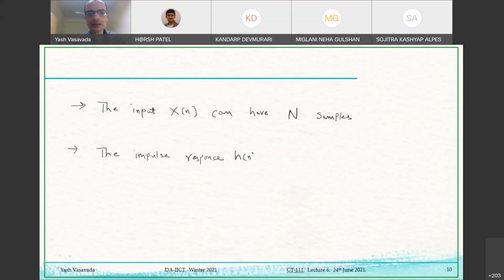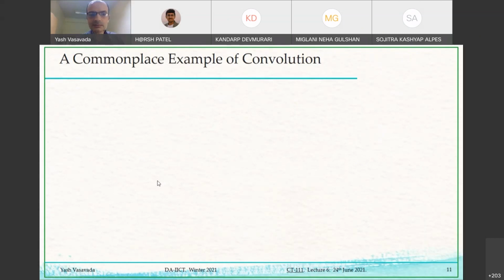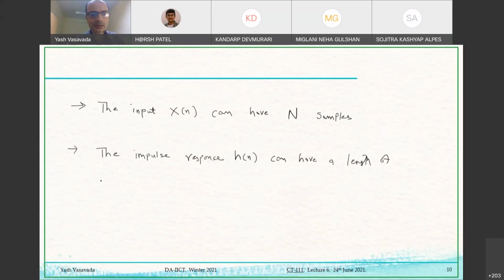h of n can have a length of m, which may or may not be equal to n samples.